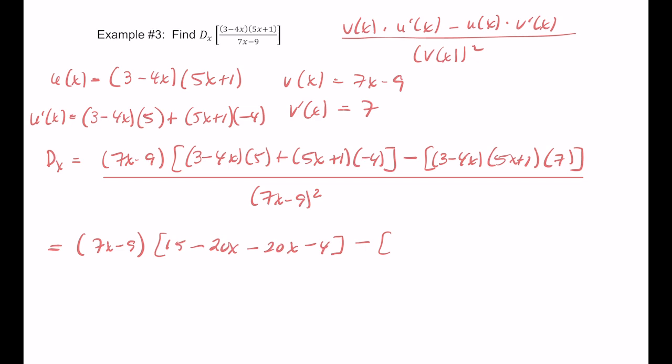And then I'm going to have to FOIL and multiply. We'll do it in steps. That would give us 15x plus 3 minus 20x squared minus 4x, and then times 7.